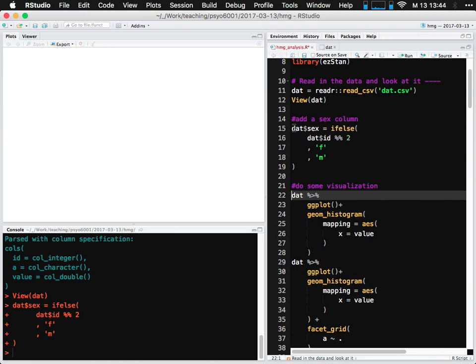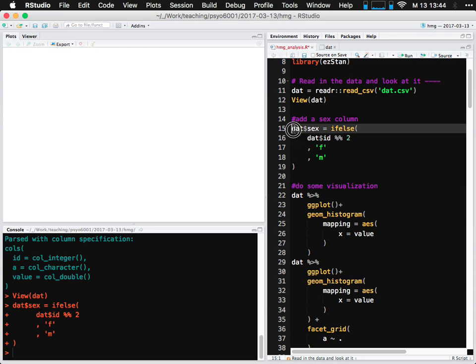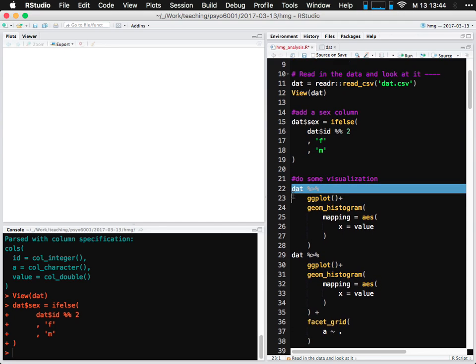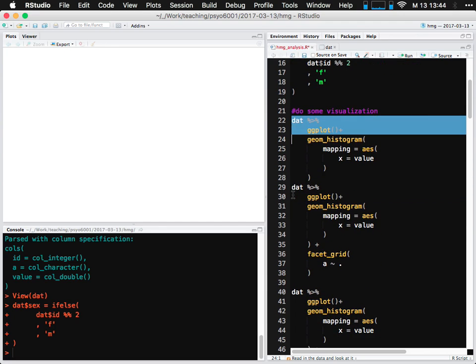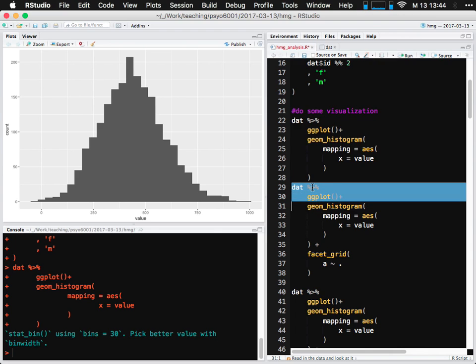So again, this was just making up a variable. Because it's made up, I don't really expect it to have an influence on the outcome variable. We could do some visualizations of the data. Just to remind you, we've got some outcome that's continuous, so we might want to make an assumption of Gaussian distributed error.